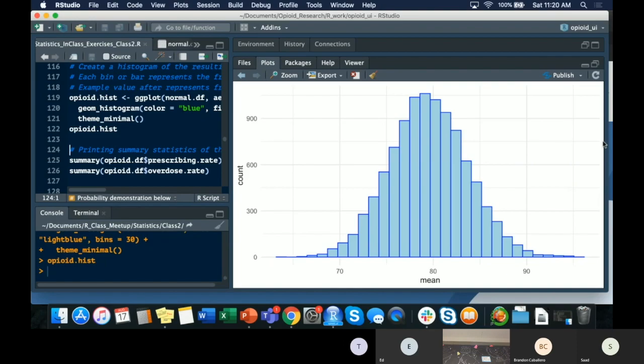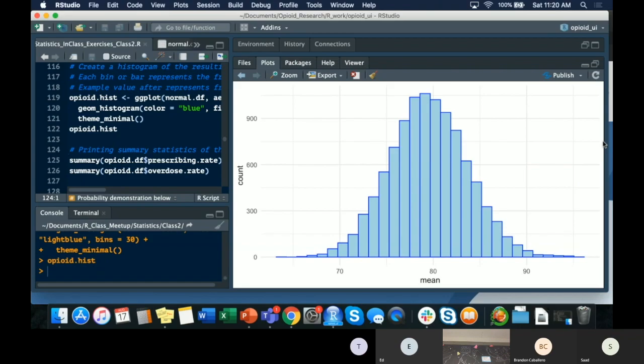I'll remind you that the prescribing rates are in number of bottles per 100 people on average. The same person could have gotten 10 bottles, and it also doesn't take into account the quantity in each bottle, but that's what these numbers mean. So the most common was 80 prescriptions per 100 people. That's the reason I use that data: because it's shocking.